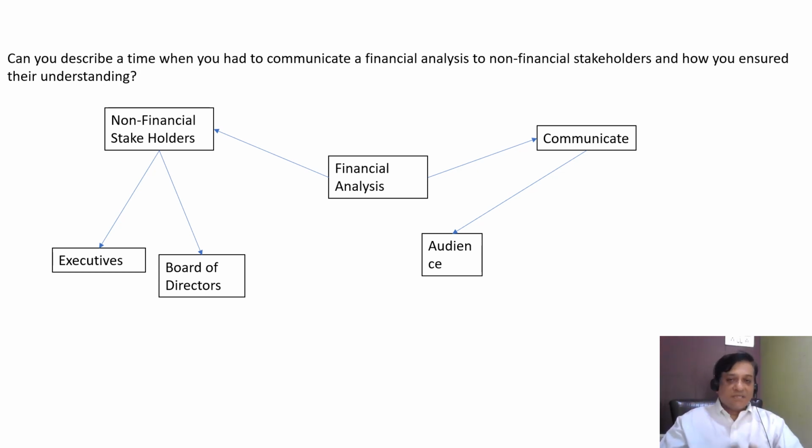Now, as a business analyst, you should understand the audience's level of financial knowledge and their specific interests in the financial analysis. That can include their job responsibilities, their level of financial literacy, or their concerns about the company's financial performance.